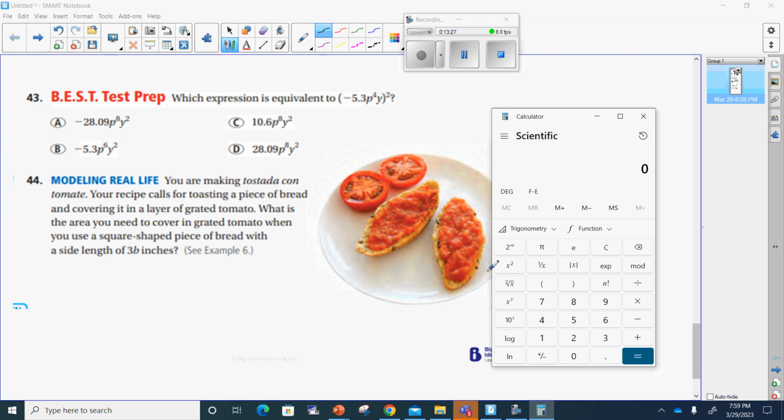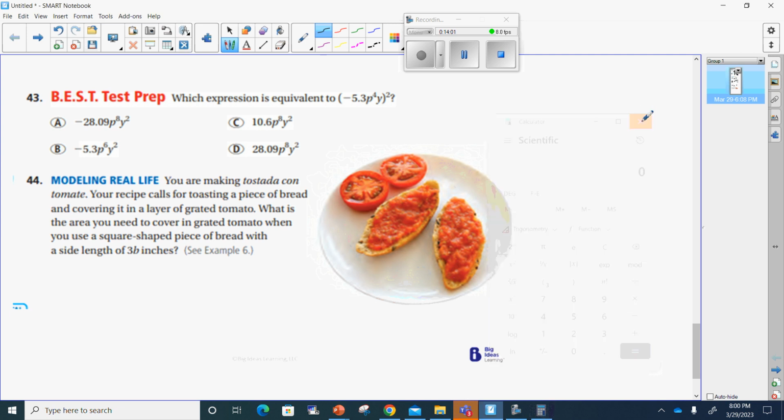So I'm going to take a negative. First, I got to put 5.3 and then make it negative, right? I can multiply that to itself. I'm going to make this easier on myself. Put a parenthesis here. Why is that? I'm not quite sure why this is coming up to the 3rd power here.